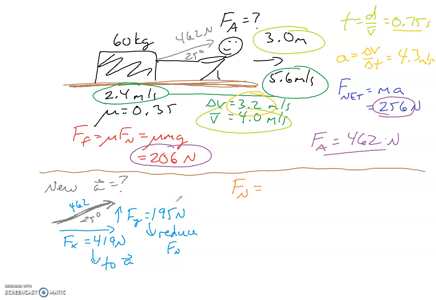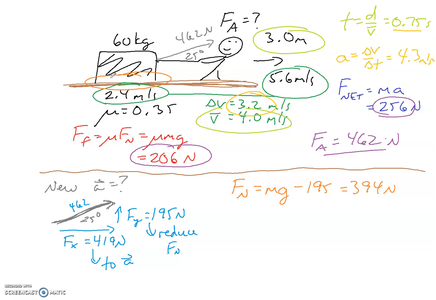So we'll start with the mg, which is the mass of 60 times gravity, but then we're going to subtract that 195 because he's reducing some of the pressure on the ground. So the weight of the box is just under 600 newtons, and then we will subtract 195, which leaves us with around 394 newtons of normal force between the ground and the box.